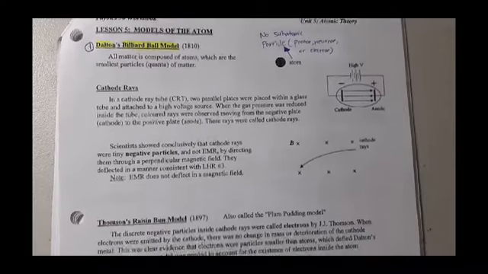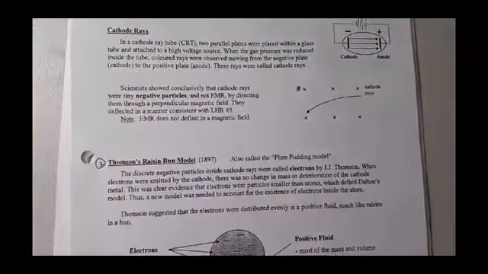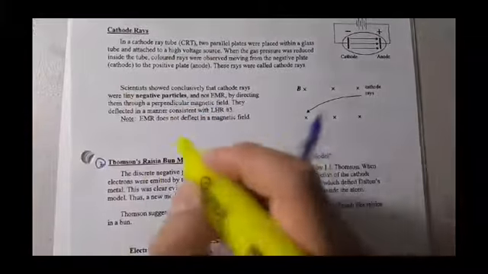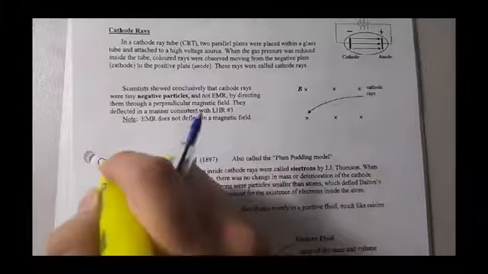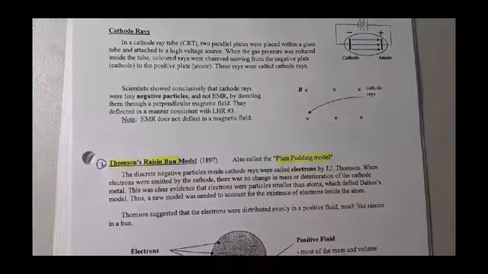The second model is, in fact, Thomson's raisin bun model, plum pudding model, chocolate chip model. There are several models like that. It's almost the next 100 years, from almost 1810s to 1897, the beginning of the 1900s.